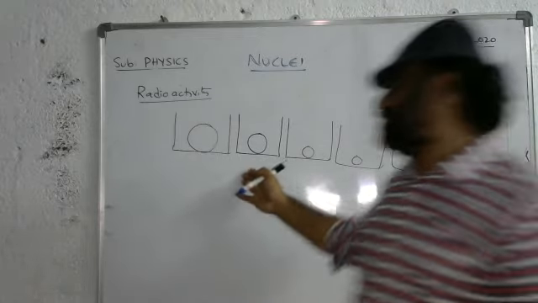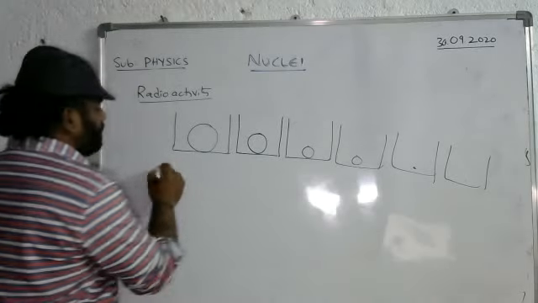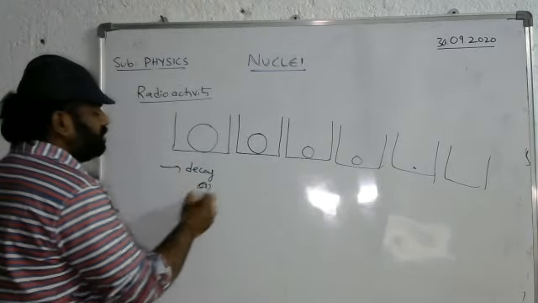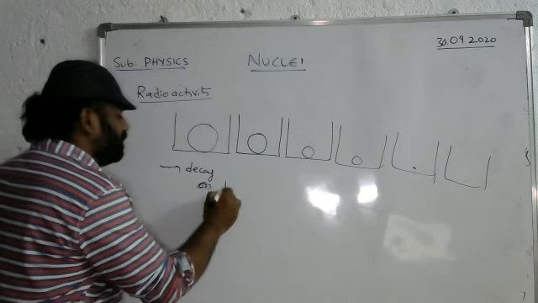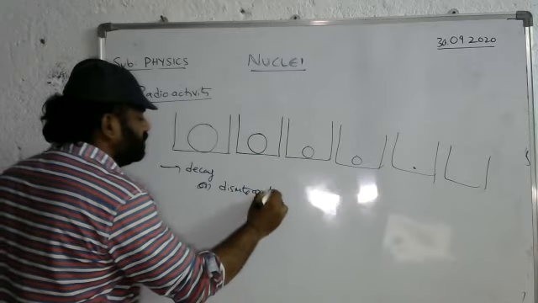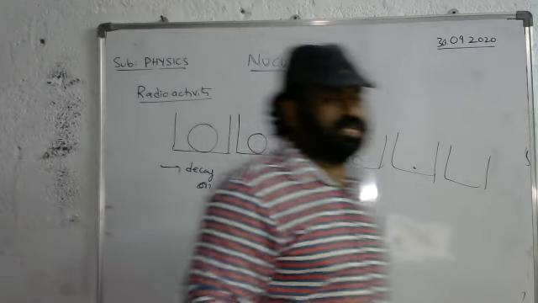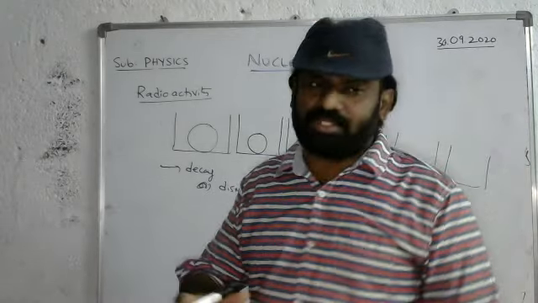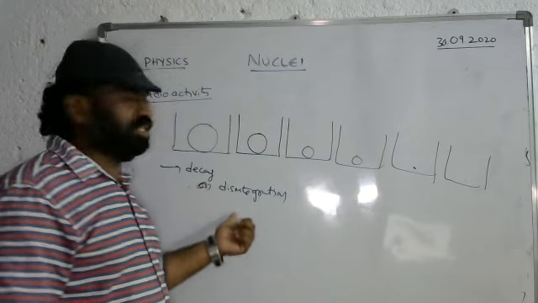This process of decreasing is called decay, or disintegration. Disintegration means the decrement of a substance. The substance gradually decreases, and the process is called decay or disintegration.